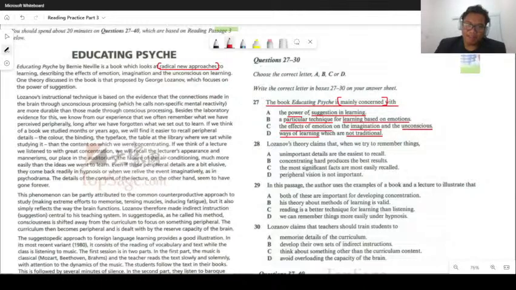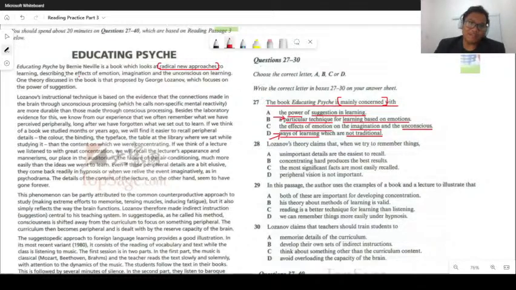Now take a look at the answer choices. Is there any word that indicates radical new approaches? Okay, there are approach, particular technique, and approach can have the same meaning. Ways of learning, that is also another word for approach. And the rest doesn't have that. Okay, continue. Describing the effects.